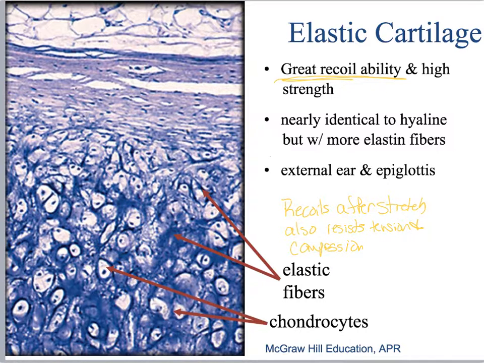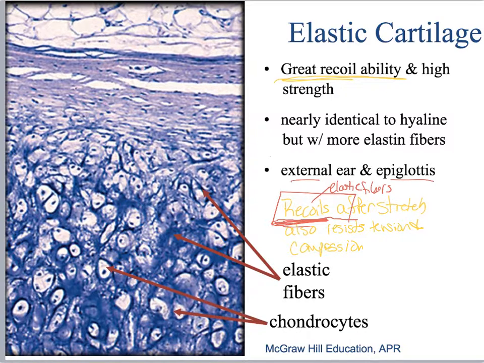But the number one thing you need to put on a test, recoils. That's the most important point, is it recoils back into shape, and that is because of the elastic fibers. All right, we only have 2 examples in the human body, the ear and the epiglottis.